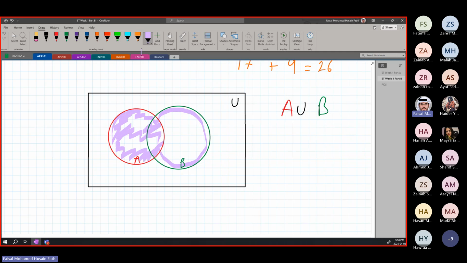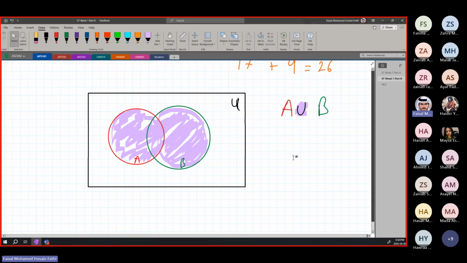This is known as A union B. Do not confuse it with the U up here. The U up here is not union, this is the letter U for universal set. So this is how it would look if they ask you for A union B. So you'd want all the numbers that are inside.